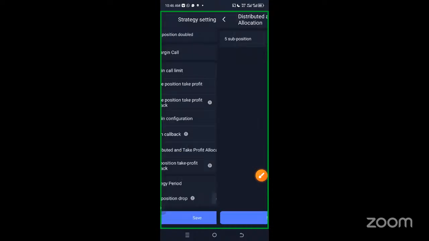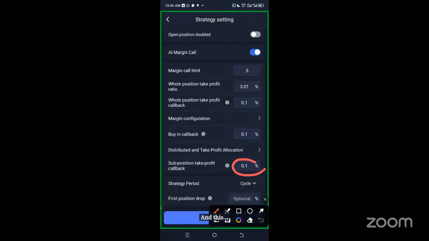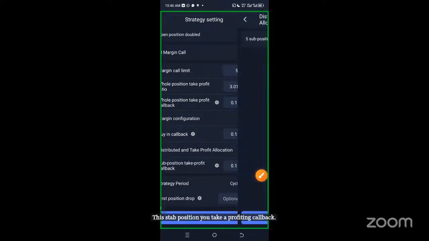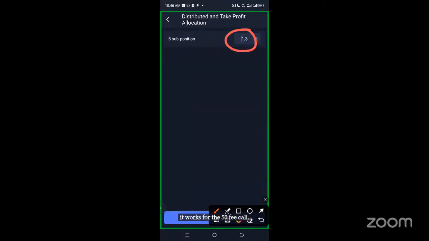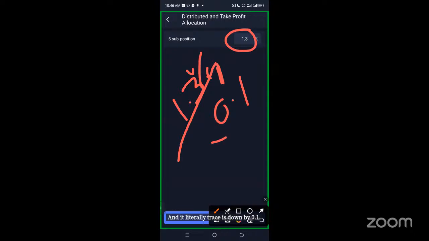And this sub position take a profit callback works for the fifth call, telling the robot when the market rises by 1.3% and it retraces down by 0.1, please sell.